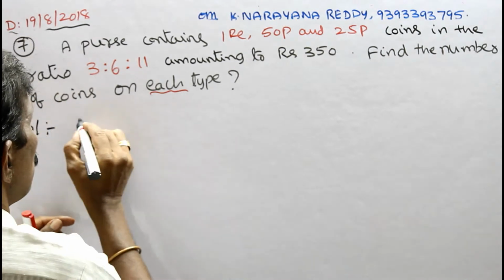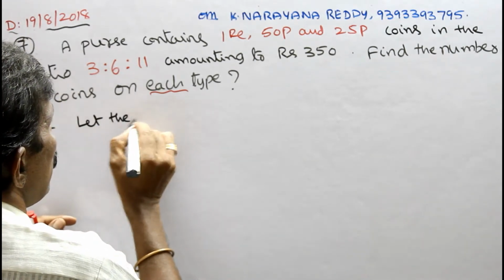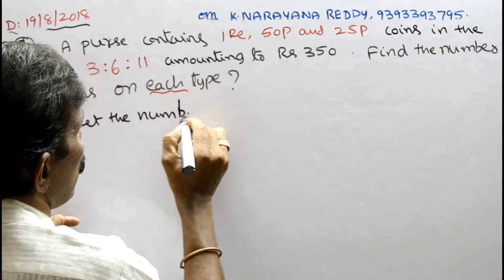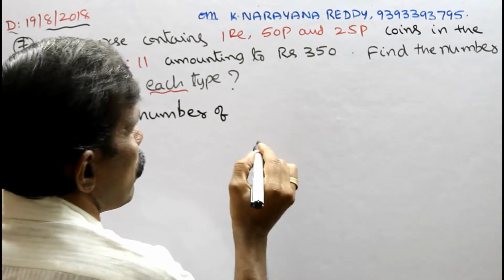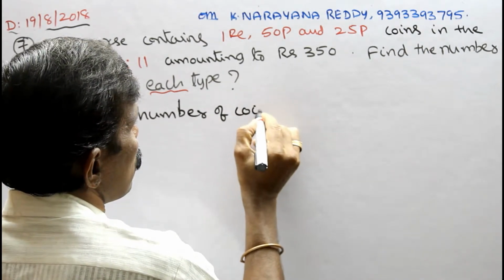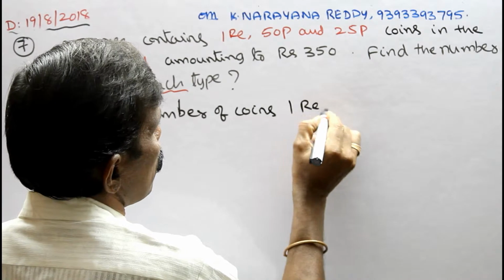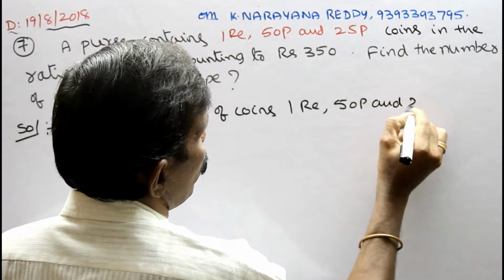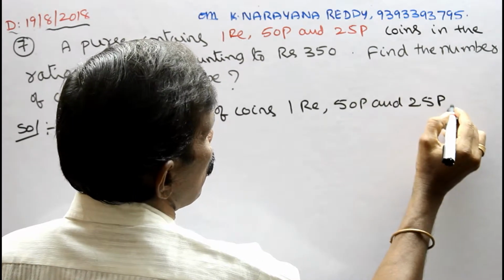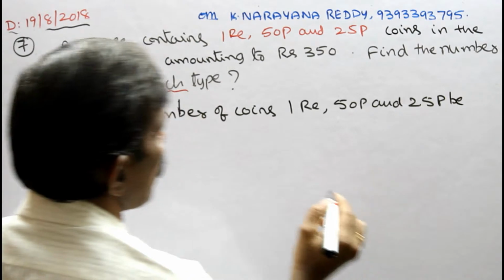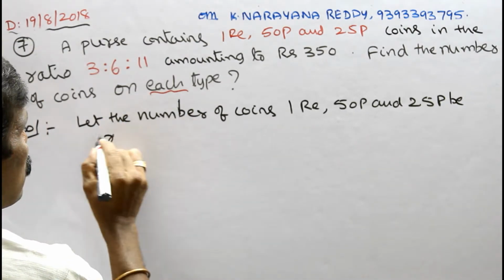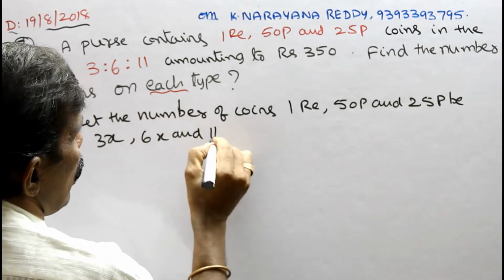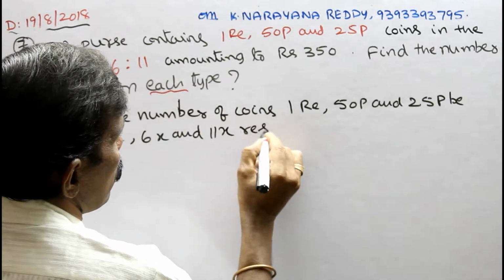Let the number of coins of 1 rupee, 50 paise and 25 paise be 3x, 6x and 11x respectively.